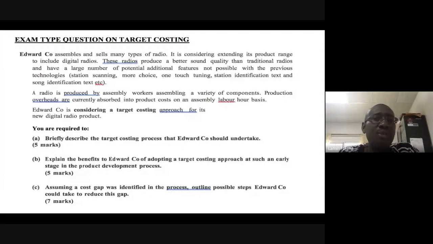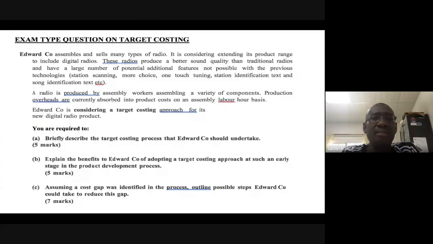It says, Edwards Company assembles and sells many types of radio. It is considering extending its product range to include the digital radios. These radios produce a better sound quality than traditional radios and have a large number of potential additional features not possible with previous technologies.